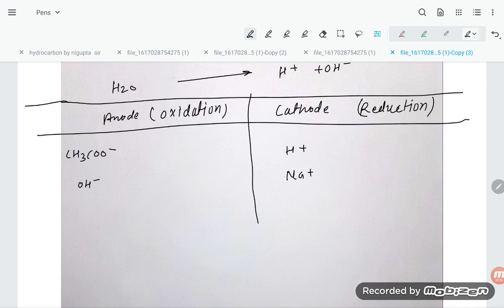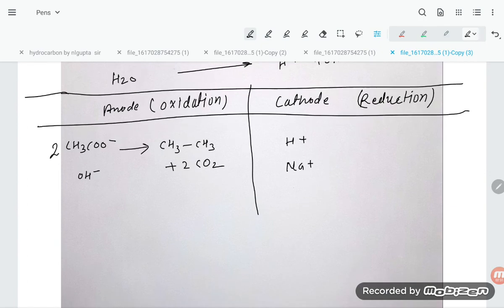So what will happen here, dear students? If you take 2 moles, it is forming CH3-CH3, and at the same time 2 moles of CO2 will form.